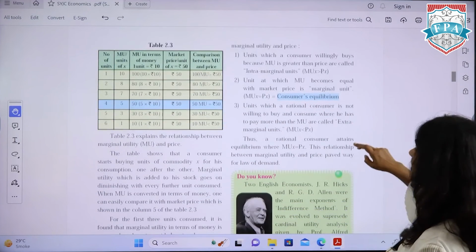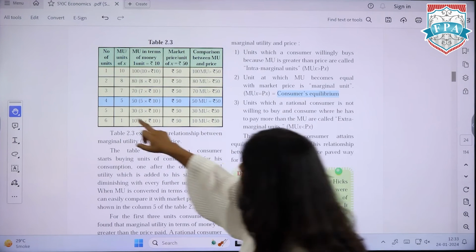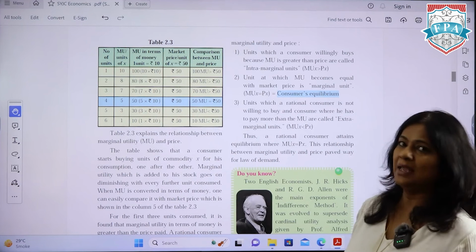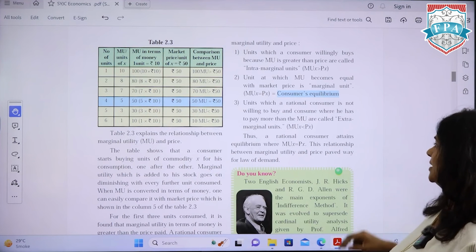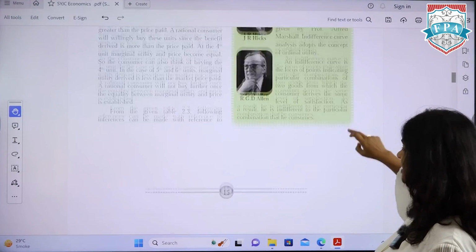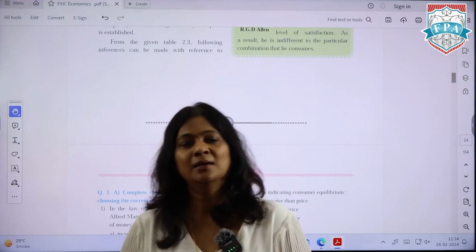And this is what they are trying to tell you. So at the 4th unit technically, your MU is 50 and your market price is also 50. This is what is being given in this particular chapter.